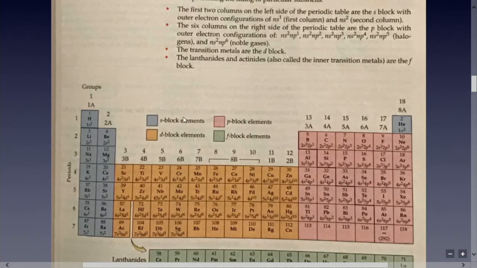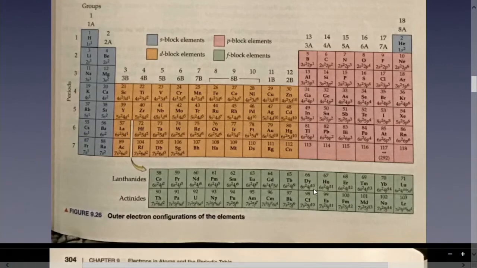So the periodic table can be organized into blocks. You have your S block, that would be electrons that are in your S orbital. You have your D block, and you have your P block, and you have your F block.